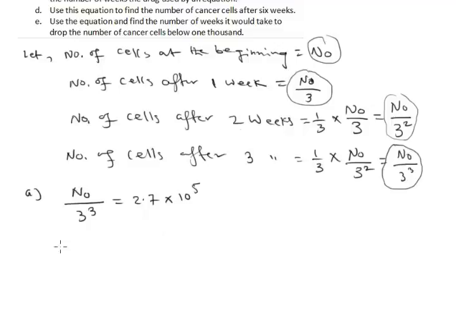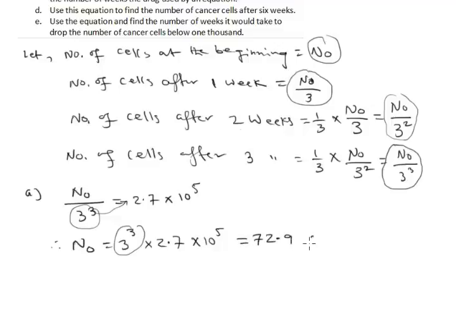So from here we can find that N0 equals, this 3 to the power 3 will be multiplied here. So 3 to the power 3 times 2.7 times 10 to the power 5. If we calculate it, 3 to the power 3 means 27 times 2.7 gives us 72.9 times 10 to the power 5.